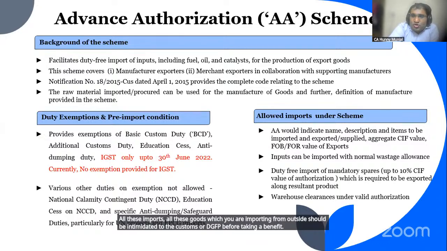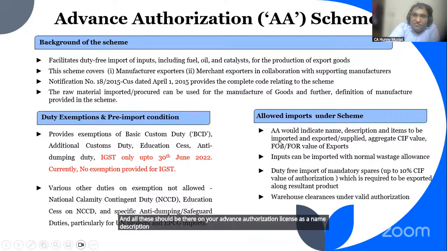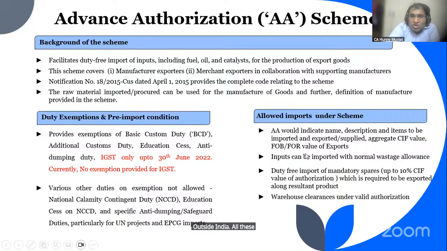And all these should be there on your advance authorization license: the name, description, items which you are willing to import, along with their aggregate CIF value, plus the goods you are manufacturing which should be exported outside India. All these descriptions should be there on your advance authorization so that they can maintain a log of what you will be importing and what you will be exporting from India.